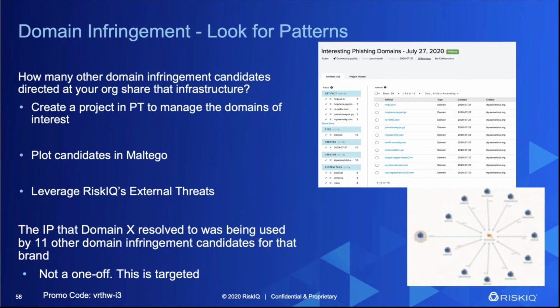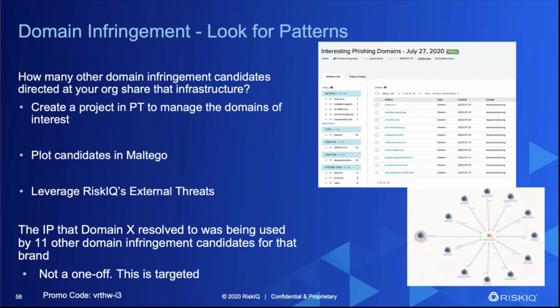The community version is free, and I can't emphasize this enough: if you're trying to communicate with executives at your own company to underscore what the problem is, having a visual is a clutch. So highly recommend. And then of course you can leverage RiskIQ's external threats. This is something that we excel at, but I just wanted to give you some of the options here if that's something you're trying to track.